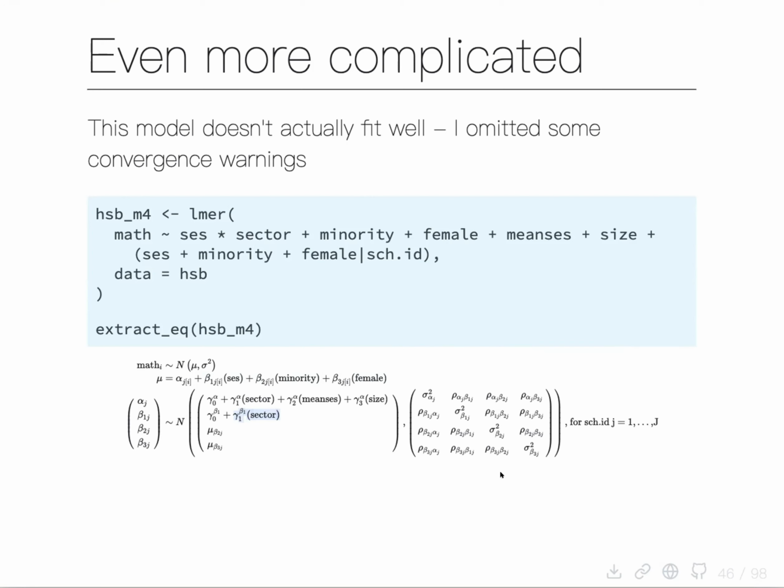And so this is where a model can start to become overfit to the data. But even if it's not overfit, you might have a hard time getting your model to converge. And so you sort of have to make compromises here.